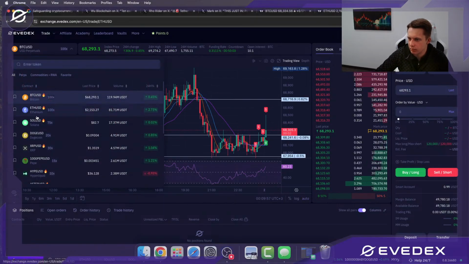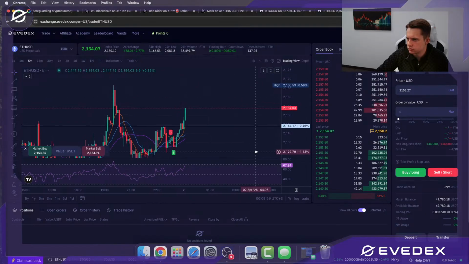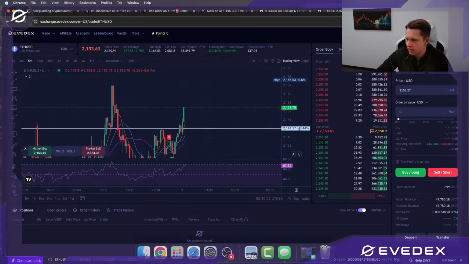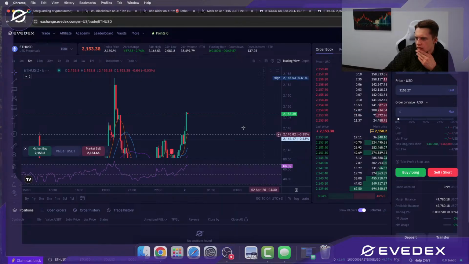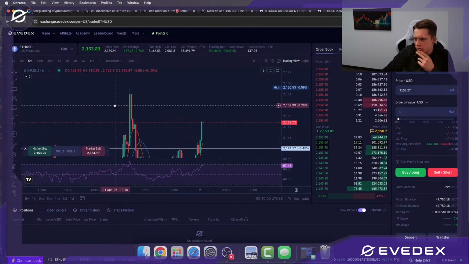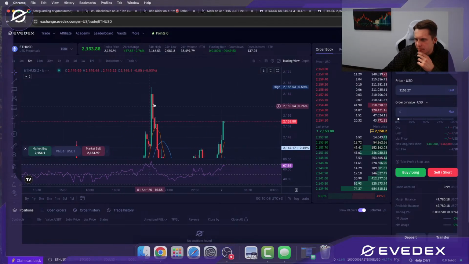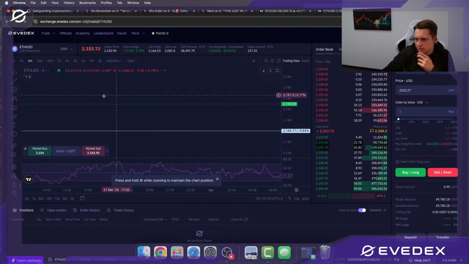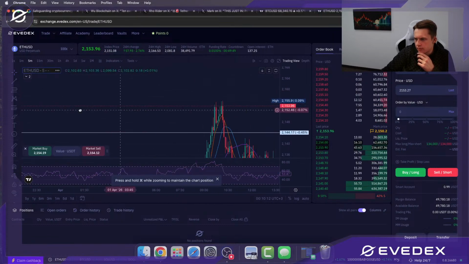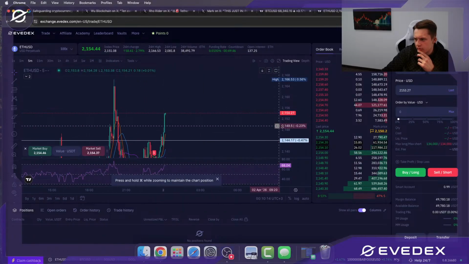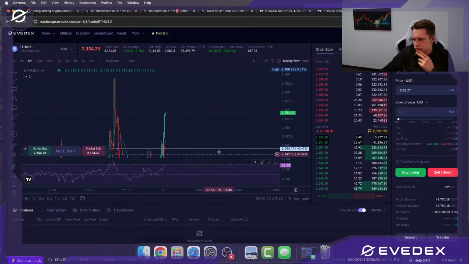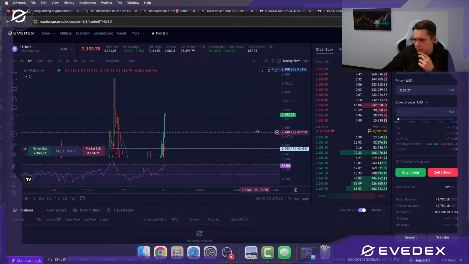So we've had a look at Bitcoin, Ethereum. We could expect a push maybe to this previous peak here. And then what can we expect from there? Maybe a reversal. Maybe, maybe not.